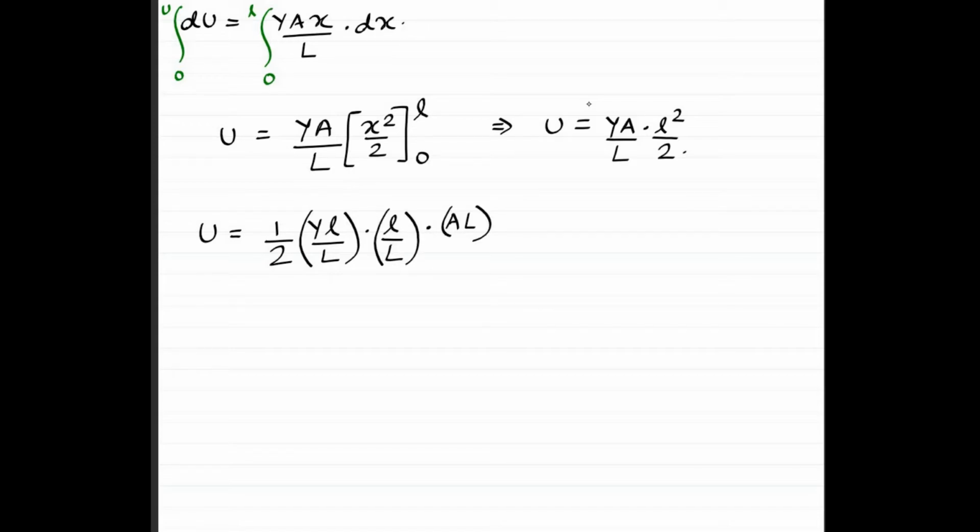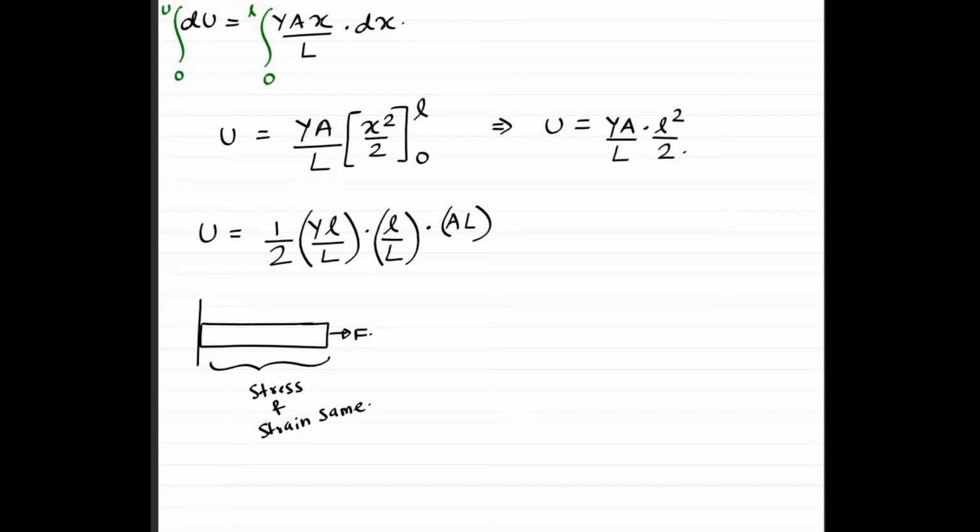I can rearrange this. In this kind of situation, throughout this rod, stress is the same. If stress is the same and Young's modulus is the same, strain is the same too. At all sections, stress and strain will be the same, correct?